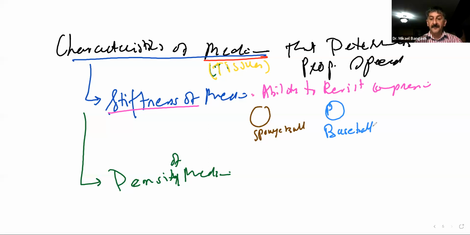As far as stiffness is concerned, the baseball is going to have a greater stiffness. The sponge ball, which is made up of foam, is going to have the lowest stiffness. Because when we press on a baseball, it is difficult for us to compress it. Why? Because it is stiff.